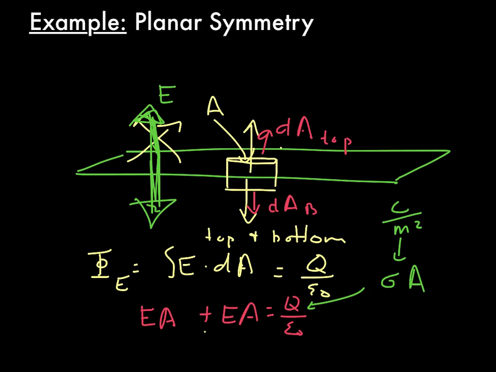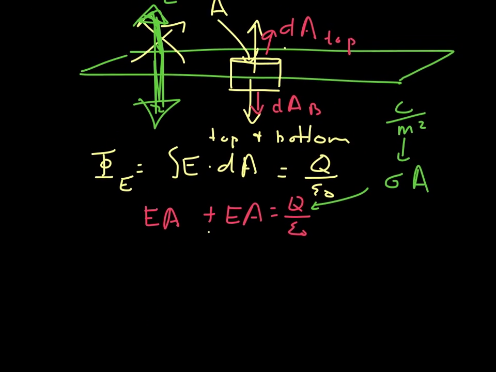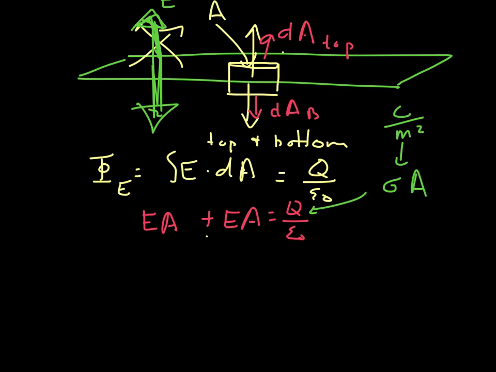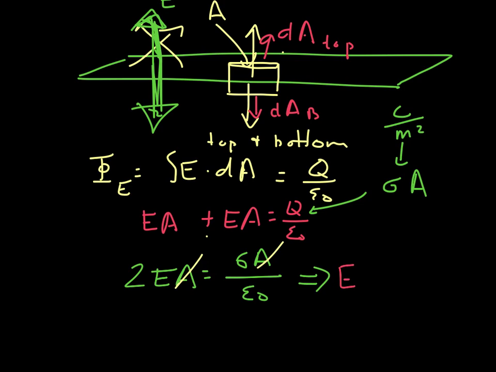So I'm going to move this whole thing up real quick. Just like this, so we can fit our last line in. Plugging this in, you get 2 EA equals sigma A over epsilon naught. Your A's cancel, and you get E equals sigma over 2 epsilon naught.